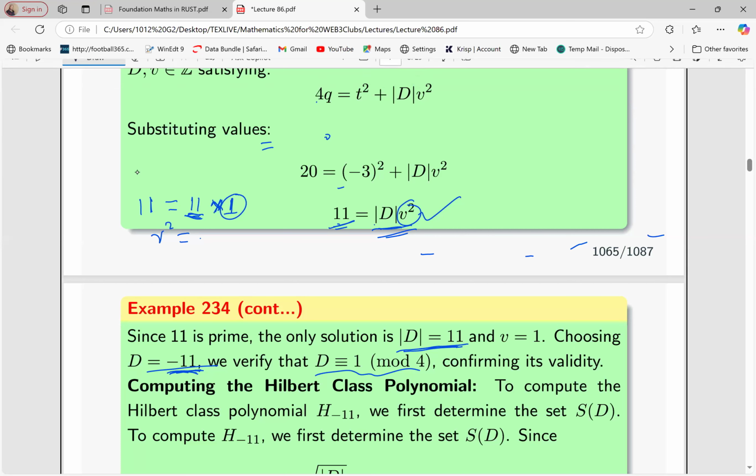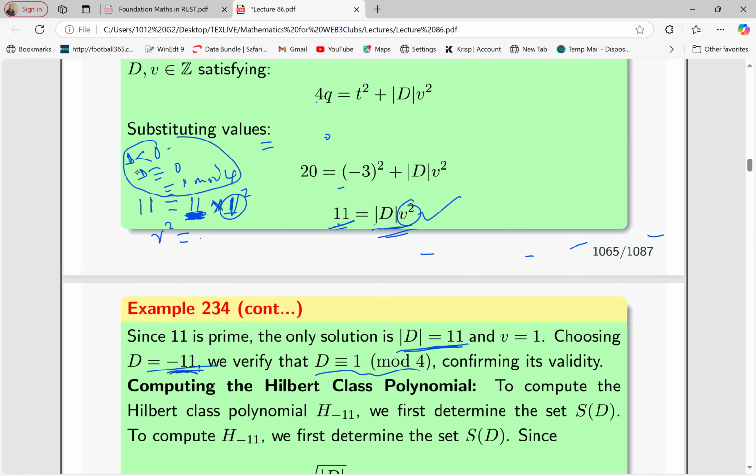So in cases where the number here has a square root and the number here has a square root, which one do you choose to be V square and which one do you choose to be D? The one you choose to be D will be one that fulfills the first condition, that D should be less than 0 and D should be congruent to 0 or 1 mod 4.